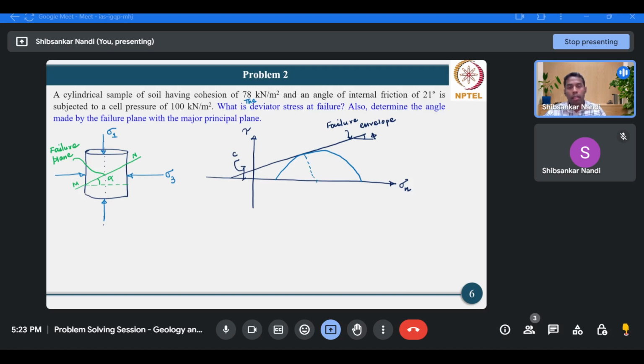At the failure condition, this Mohr circle will touch the Mohr failure envelope. Now from this tangency point we can draw a plane, and this plane is nothing but your physical plane MN.